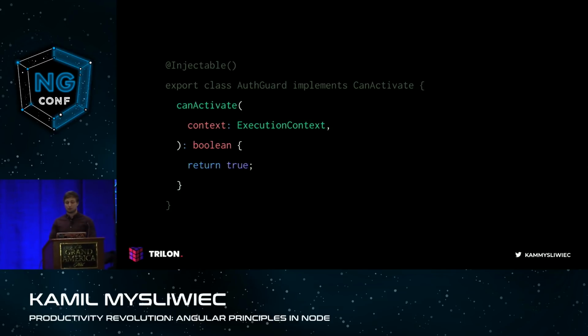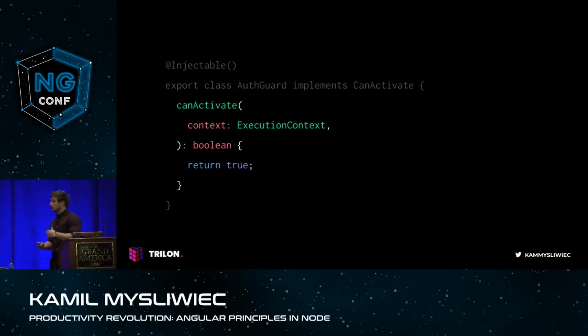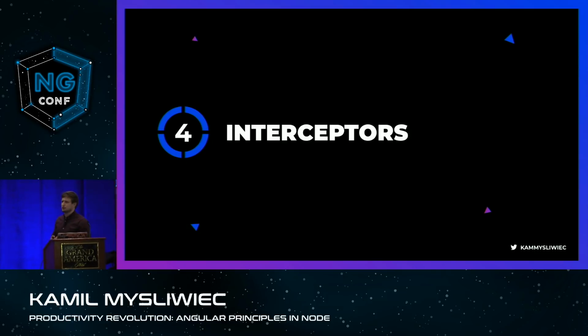Instead, we need something that supplies us with information about the incoming request. Hence, in Nest applications, we have the execution context. Execution context contains information about the request, and about the method that is going to be evaluated once we return a true value. So we can create reusable guards and, depending on the routes, apply different permissions, for example.